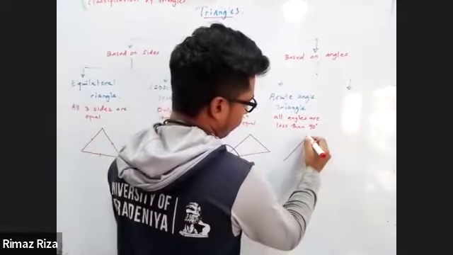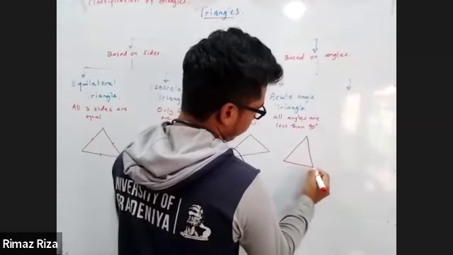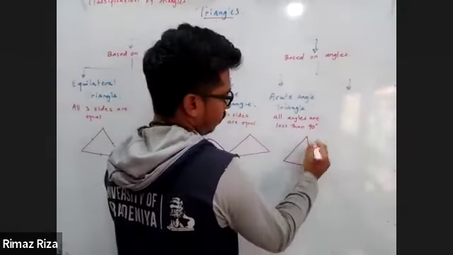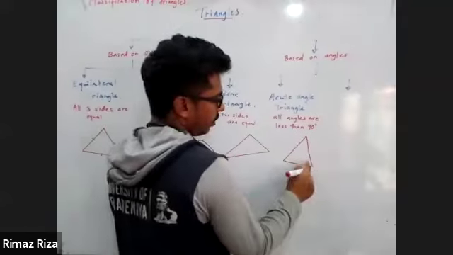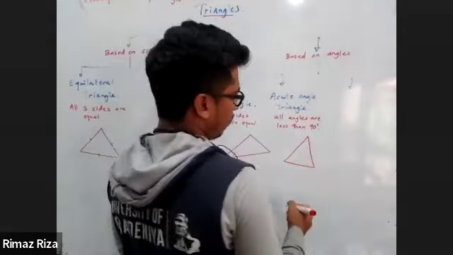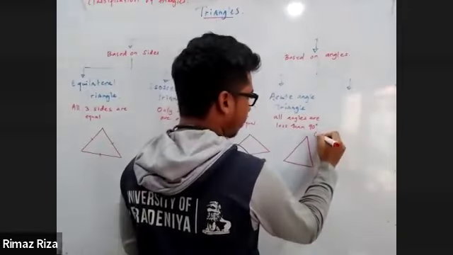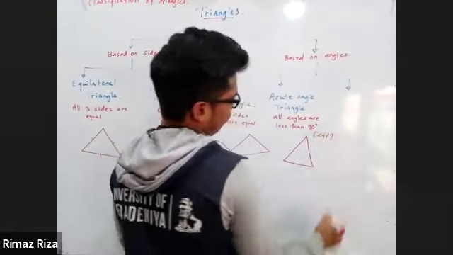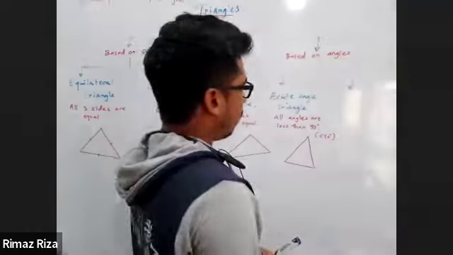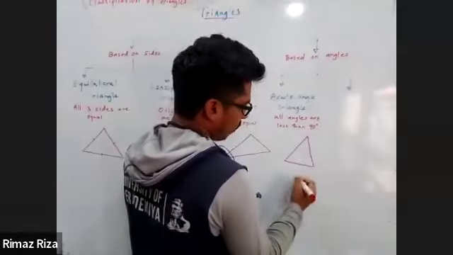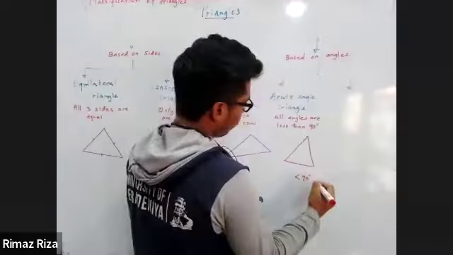So you can draw something like this. So this is less than 90, less than 90, less than 90, right? All angles are less than 90.